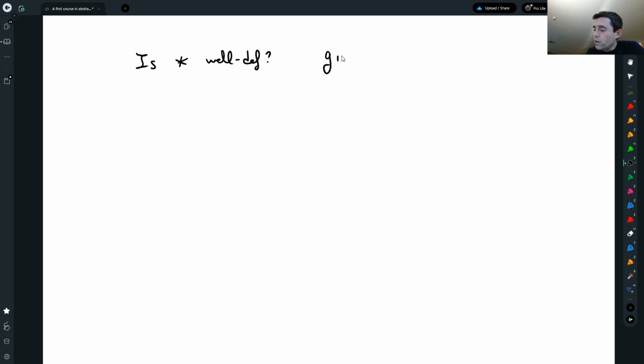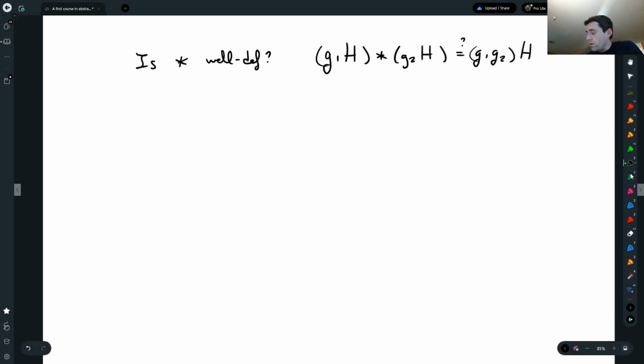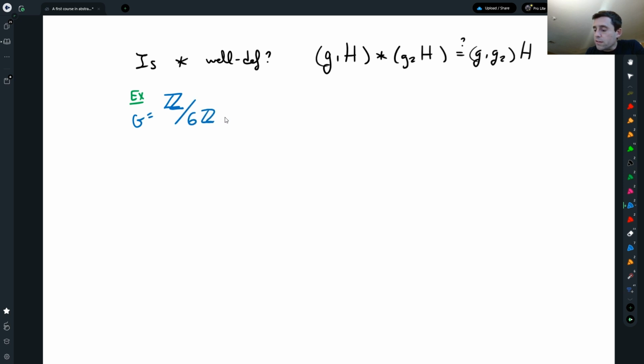So remember, we are doing g1H, that coset, times this coset. I want it to be this new coset. But the problem with cosets is that they have more than one generator. So to remember what cosets are, let's look at Z modulo 6 and let H be the subgroup generated by 3.